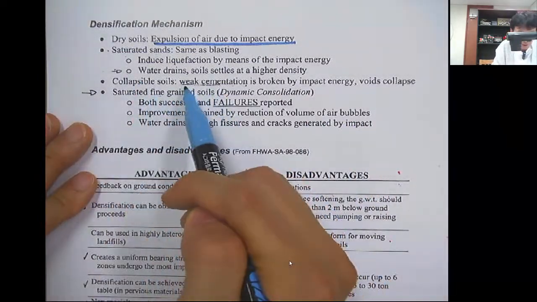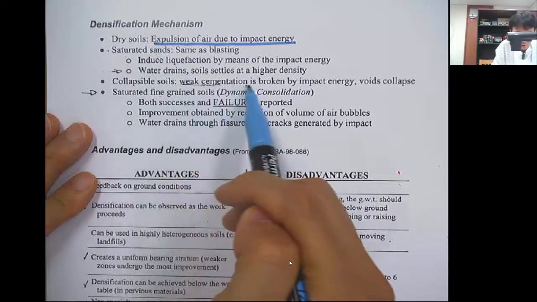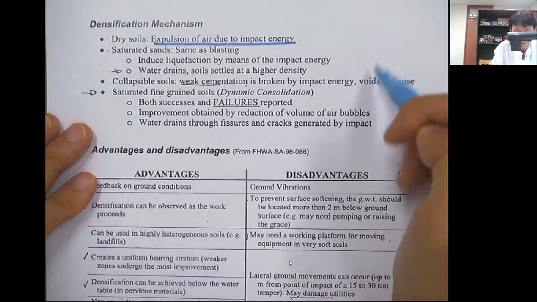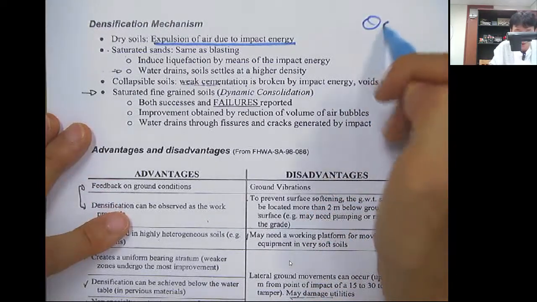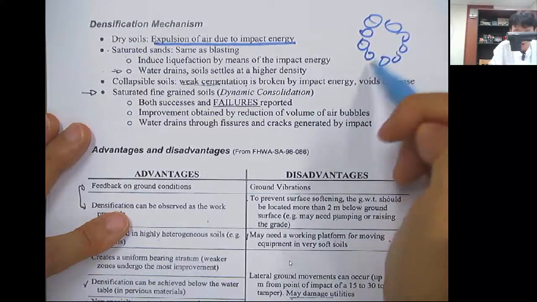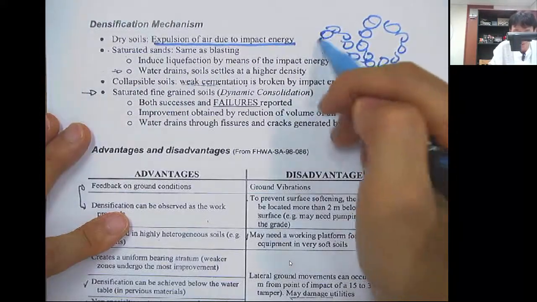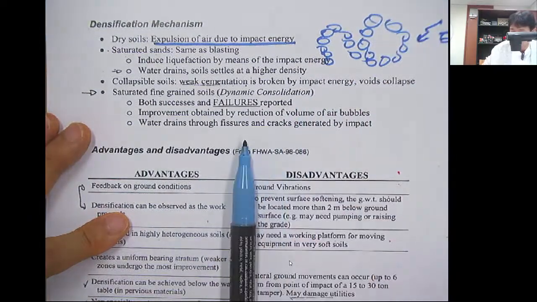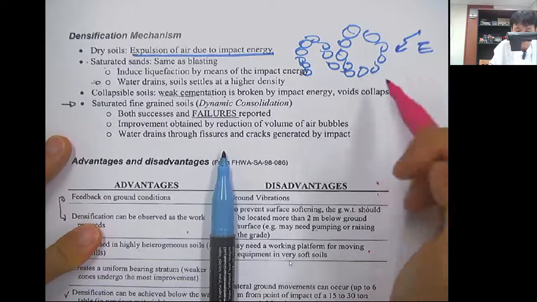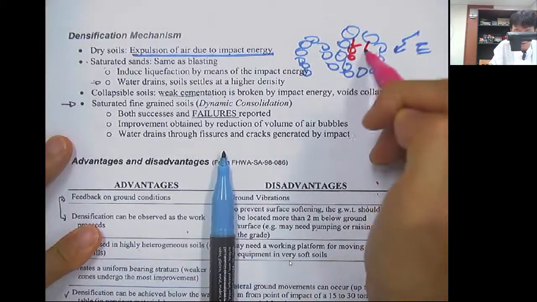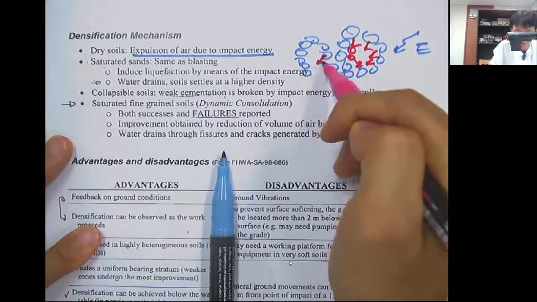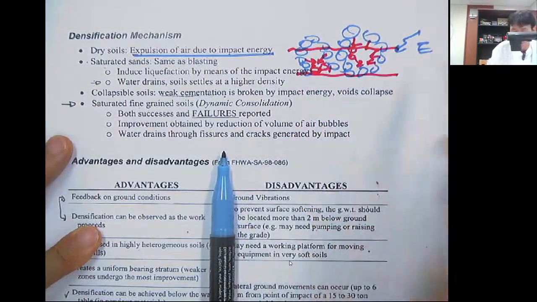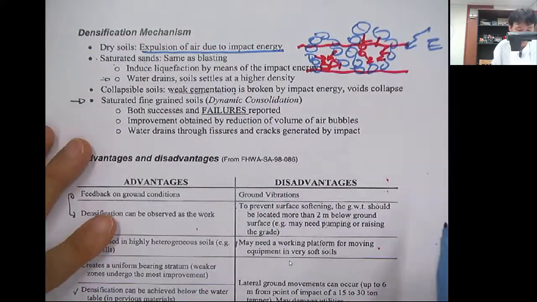And collapsible soil. For the collapsible soil, weak cementation is broken by impact energy, so these metastable voids will collapse. So if you have a weakly cemented soil with large voids, then when you apply the energy, this soil will collapse, and it's going to be more dense after the collapse.